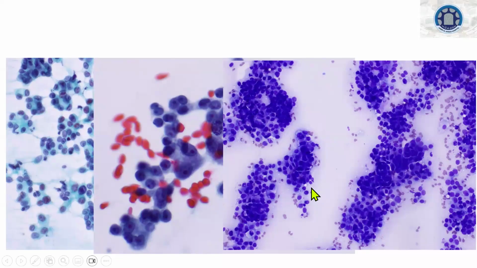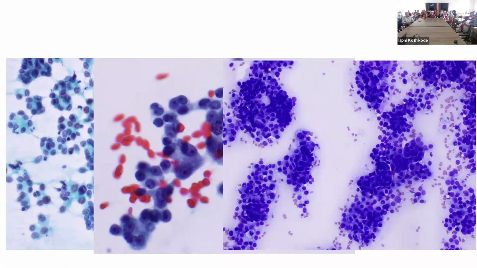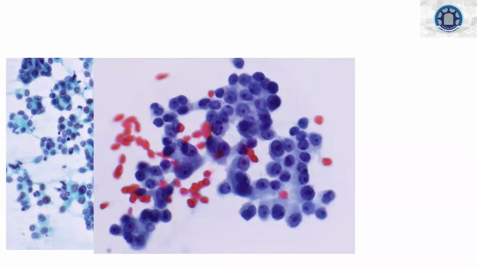Can anyone make a guess? Is it acinar cell tumor? Is it neuroendocrine tumor, or is it a pseudopapillary tumor? According to what I told you. Acinar cell carcinoma. Very good. It's acinar cell. Why? Can you explain too?